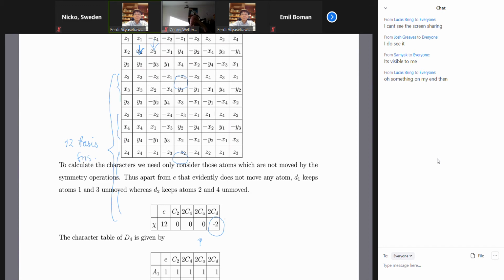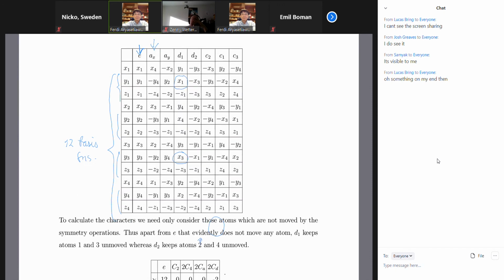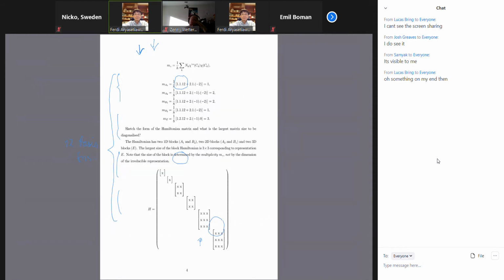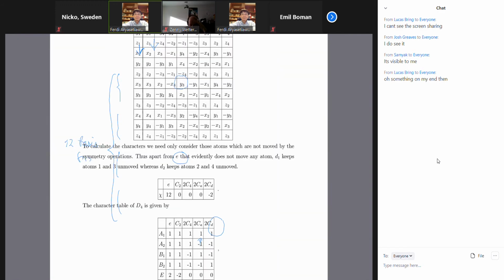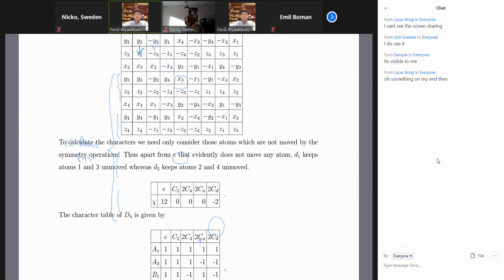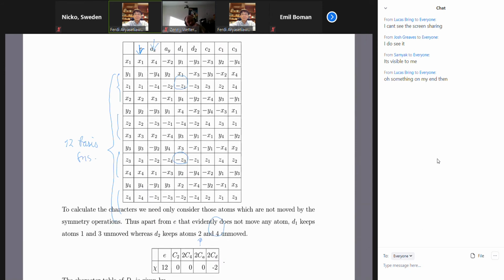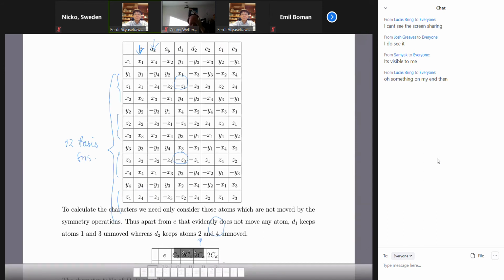So if you look at the other elements, let's check. If I look at D2, I should get the same result. It should be -2 because they belong to the same class. So let's check. This one here.